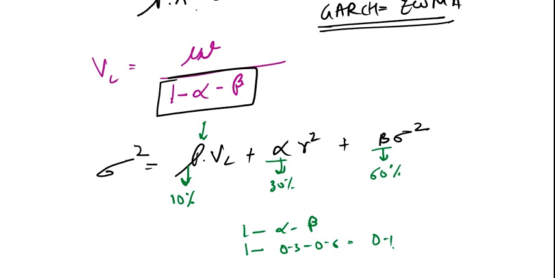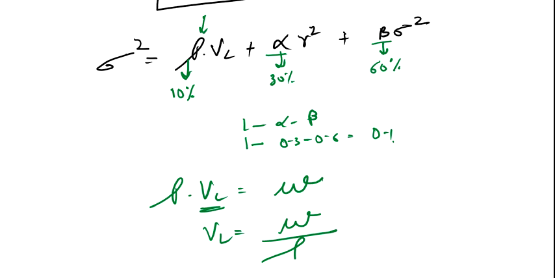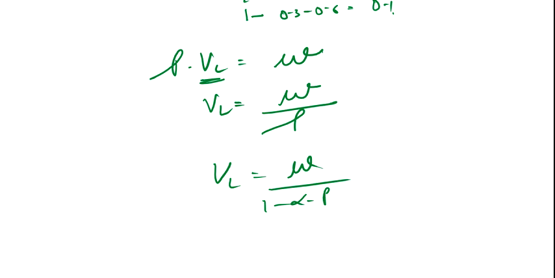Clear? So you want to find VL. VL is equal to omega by gamma. So what is gamma? 1 minus alpha minus beta. Clear?